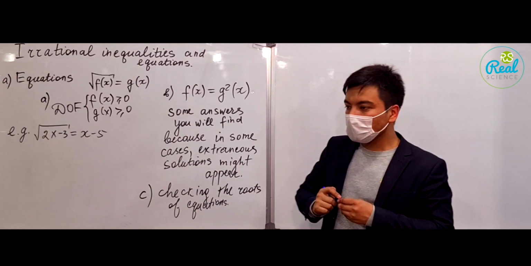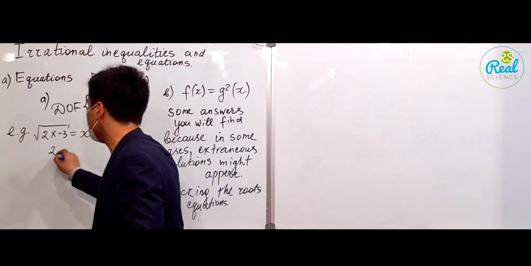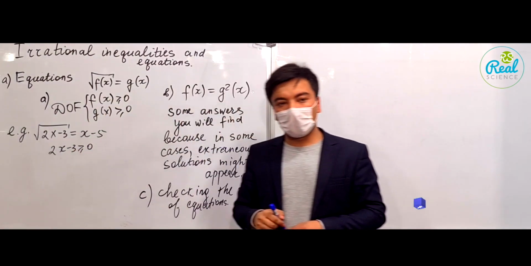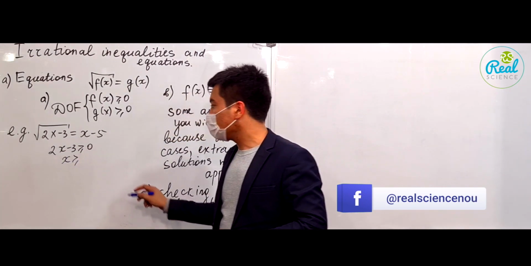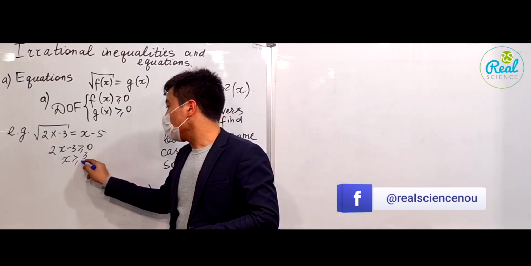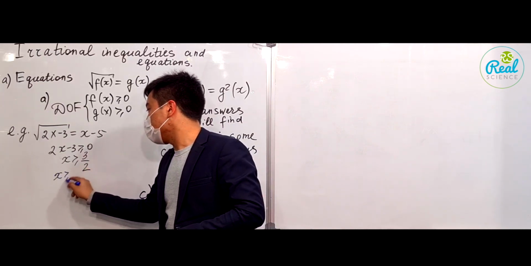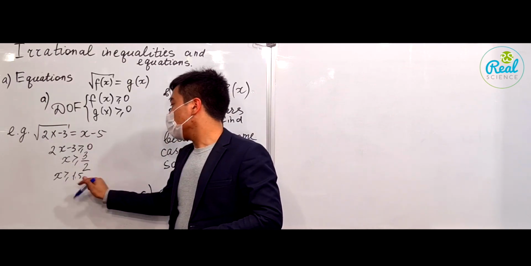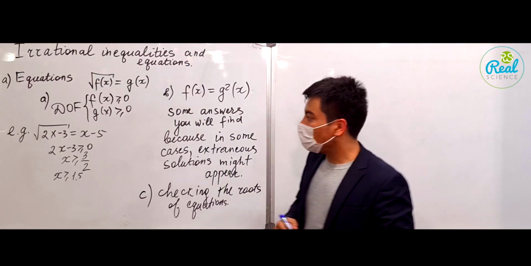Yeah? To solve this, first of all, we'll check 2x minus 3 must be greater than or equal to 0. x must be greater than or equal to 3 over 2, or 1.5. So, now, it's the first part.